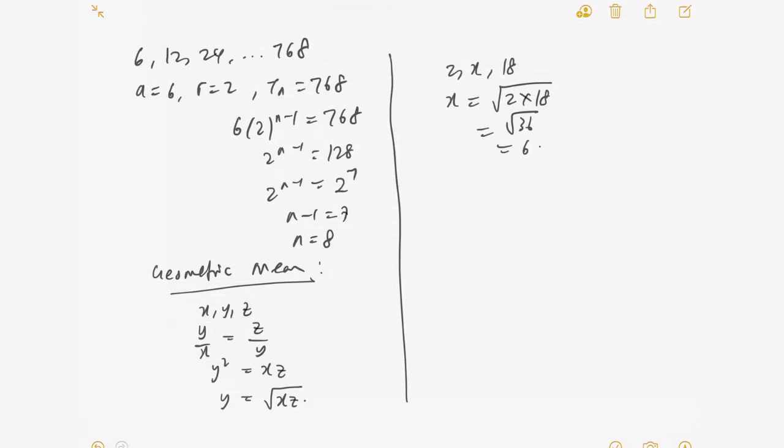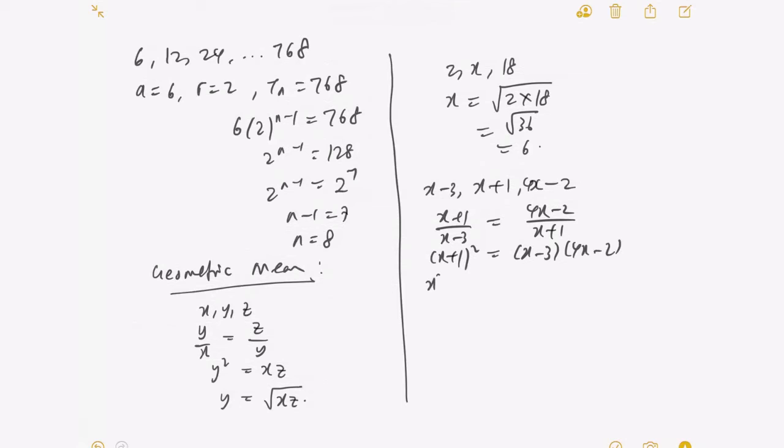Another example would be this. Let's say you have 3 consecutive terms x minus 3, x plus 1, and 4x minus 2. These are 3 consecutive terms of a geometric progression. So we know we can use t2 divided by t1 equals t3 divided by t2. So we can cross multiply and expand this.